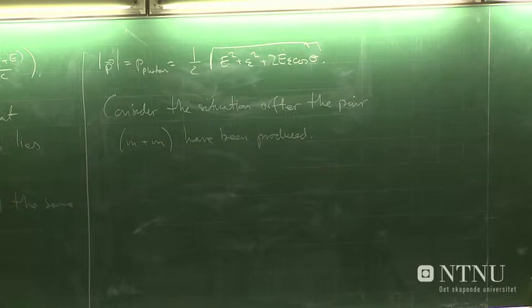So the question is now, what are the four momenta of these two particles at the threshold energy? Because that's what we're interested in. We want the energy of the photon, epsilon, that provides us with the threshold energy, the minimum energy required to produce these two particles.